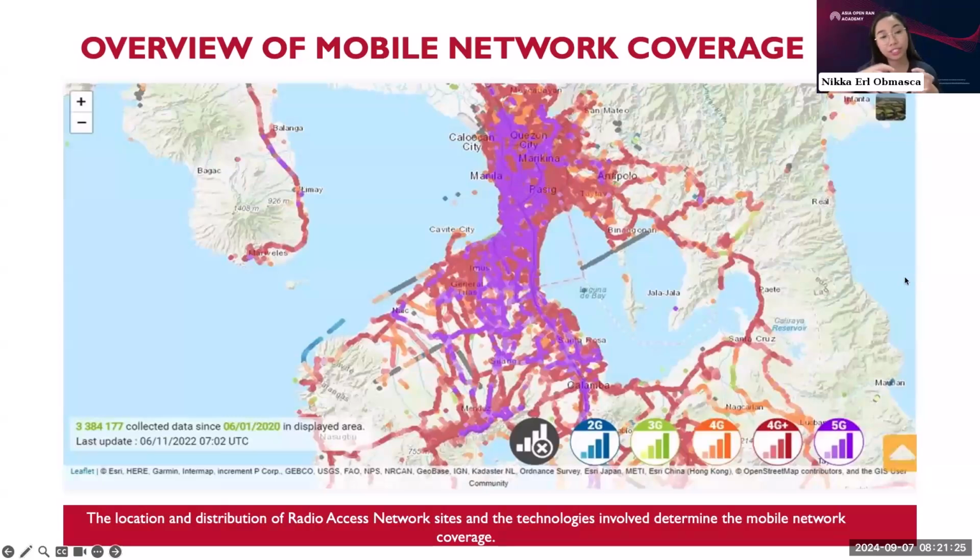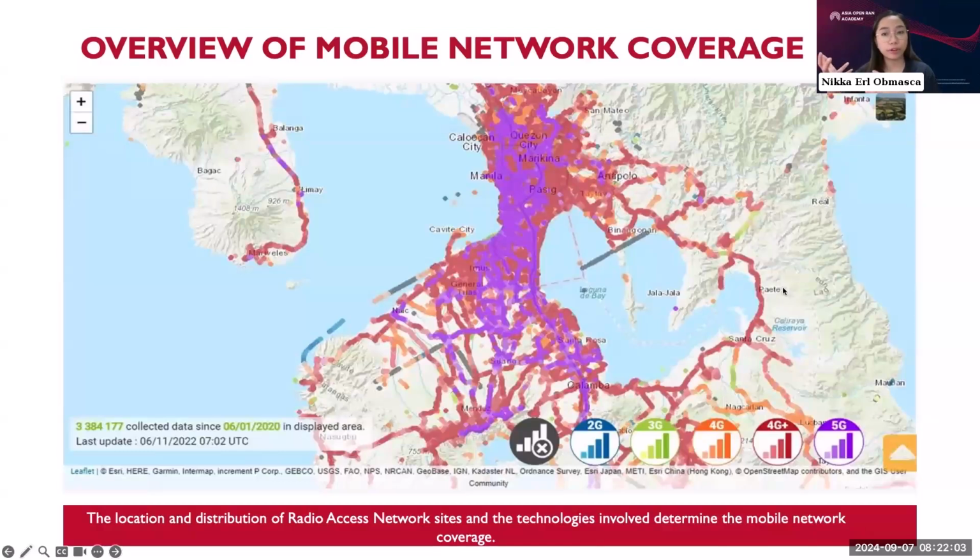These are strategically placed, planned, and designed across a geographic area to ensure that our mobile devices within a network coverage can connect to the RAN and access network services. So yung RAN natin connects the mobile devices to the network and offers mobile network coverage to us, the users.